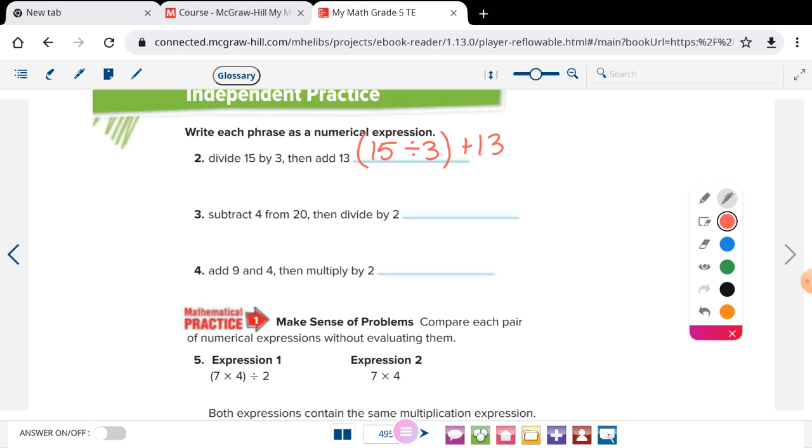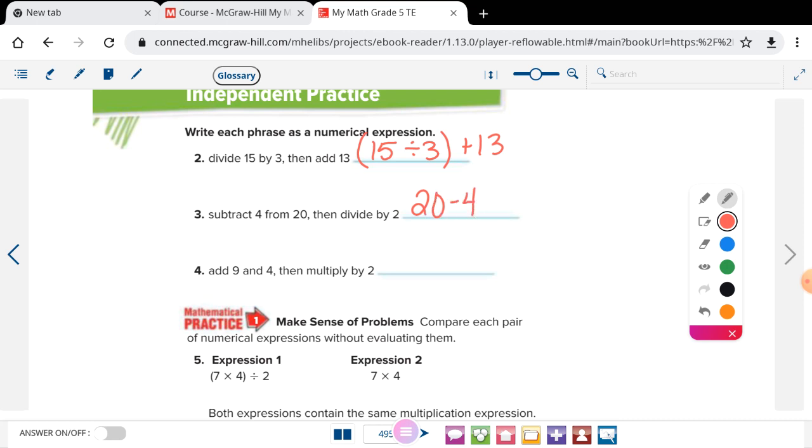So you're taking 4 away from what? I don't want an answer. We're writing that out. What's my math problem, Nate? 20 minus 4.